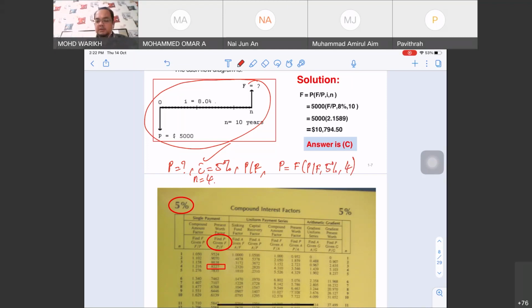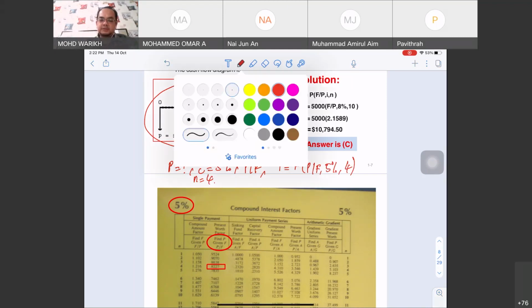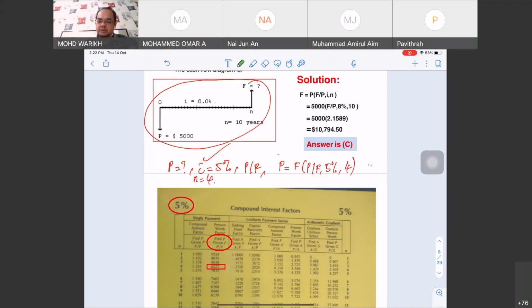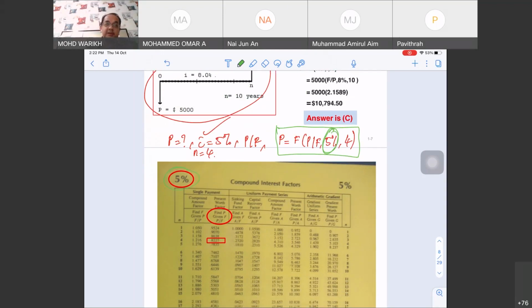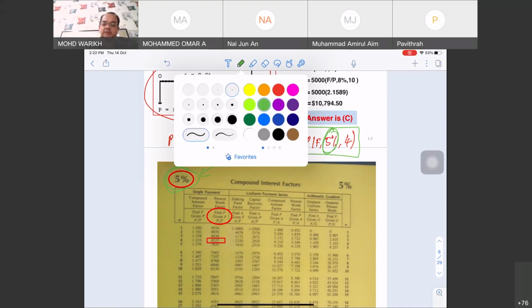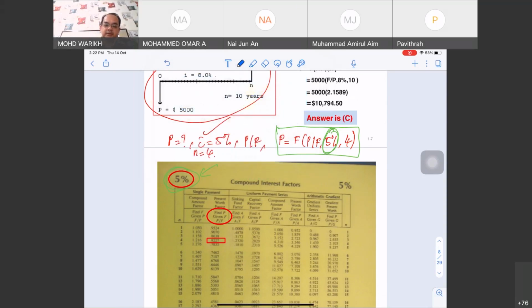That means from this formula, you find the i first. i is 5%, so refer to the 5% table here. Open the tables that are given to you. It's 5%.